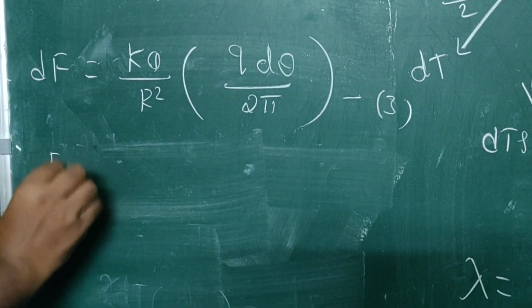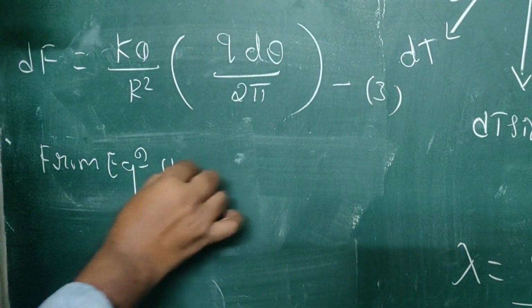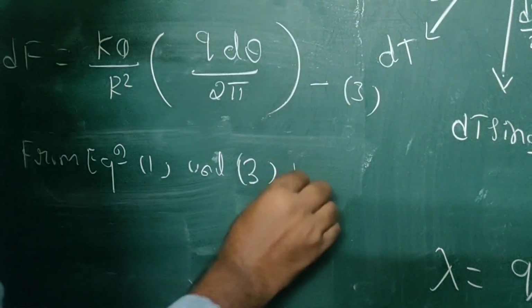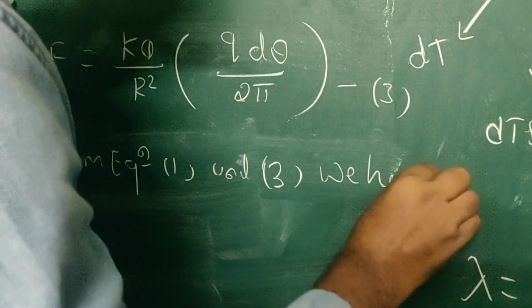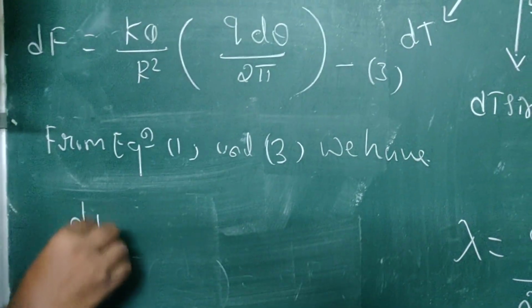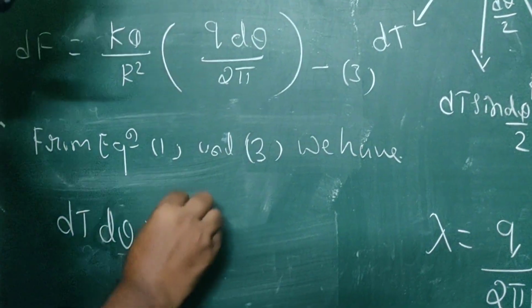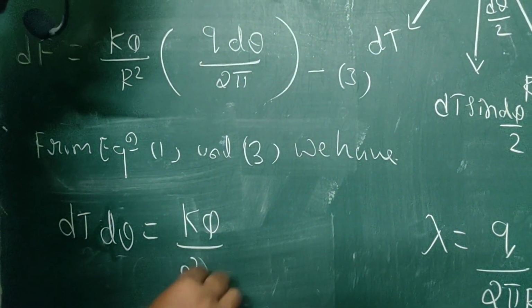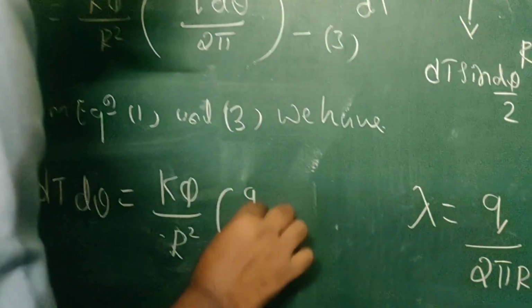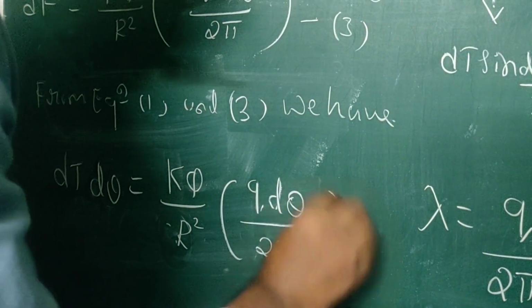Therefore, from equation number 1 and 3, we can write dT into d theta should be equal to k Q q d theta by 2 pi r square.